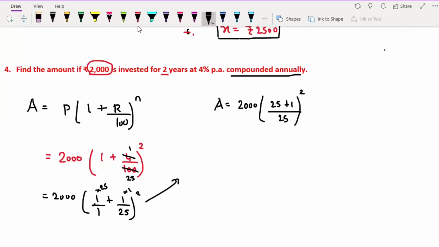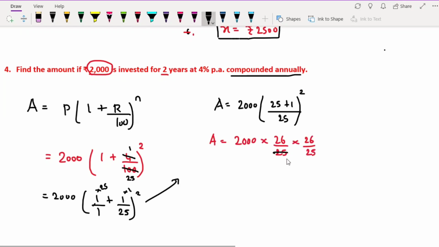Okay, so let us add up. So amount is equal to 2000 into 25 plus 1, which will give the value as 26 by 25 into 26 by 25. Let us do a bit of cancellation.